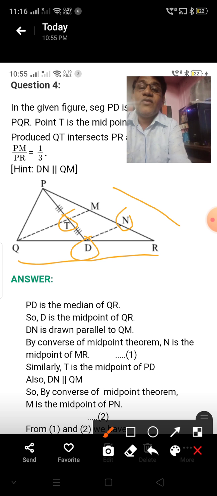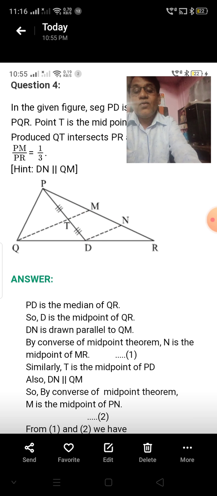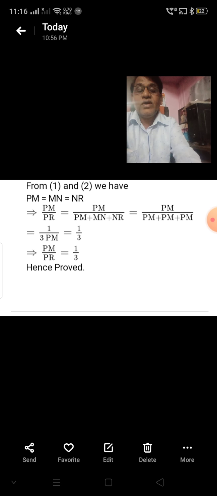This is equation number 2. It means PM is equal to MN, and N is the midpoint of MR, so MN is equal to NR. From 1 and 2 we have PM is equal to MN is equal to NR.